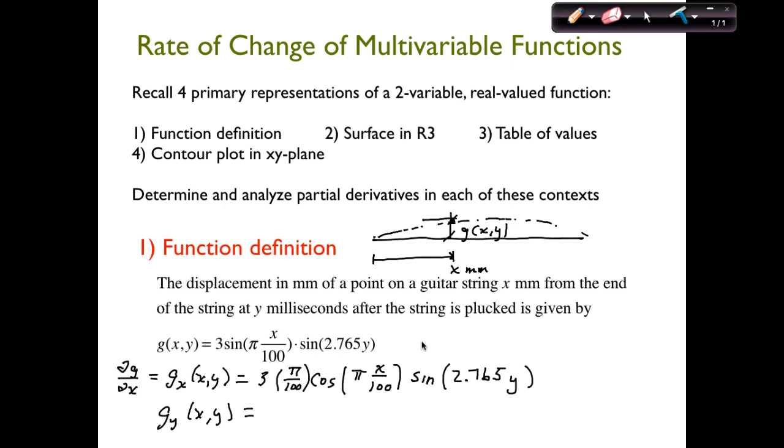Would be 3.765 cosine 2.765 times cosine 2.765 y. Yeah. Okay. And times the 3 sine pi x over 100.